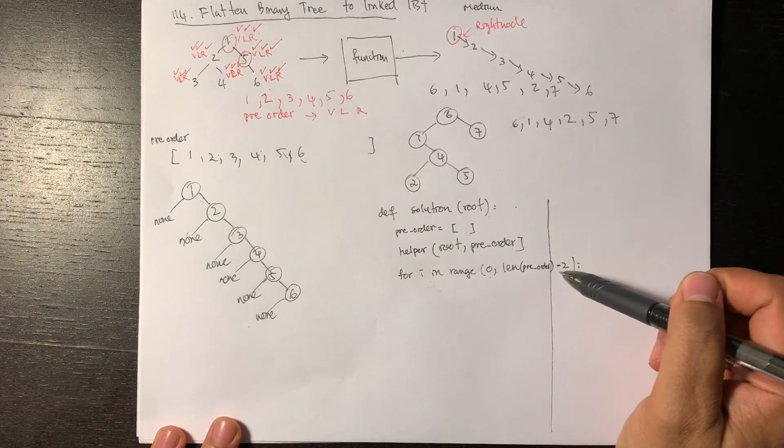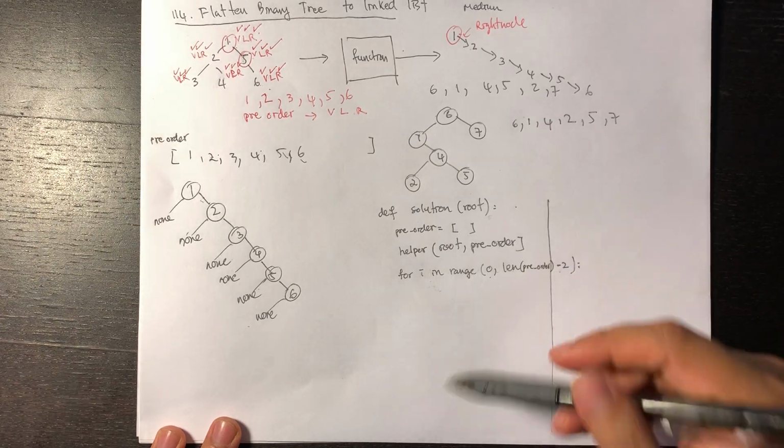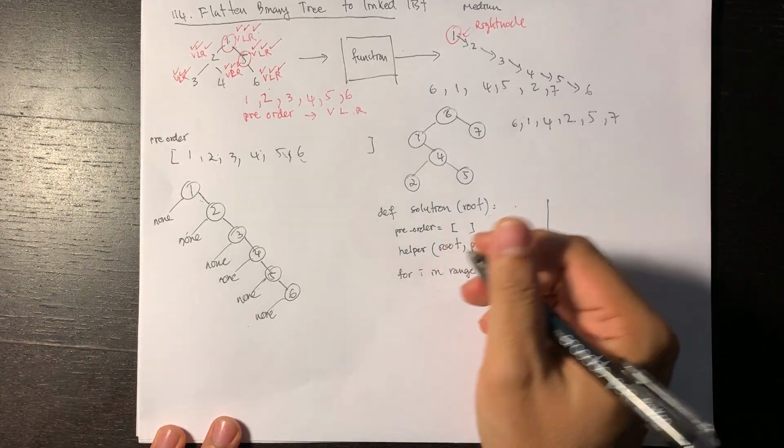So we minus 1, and we minus another 1 because we look 1 index in advance.